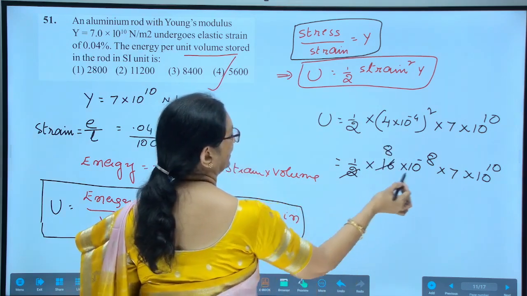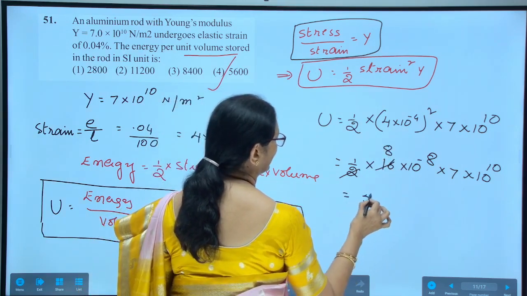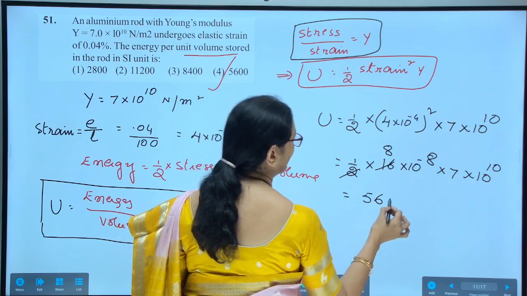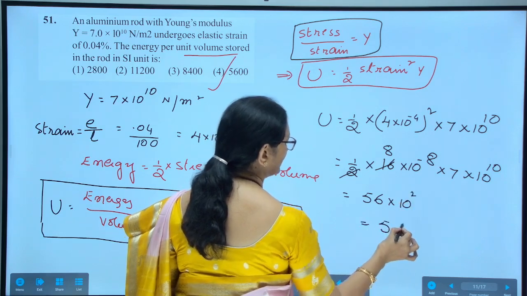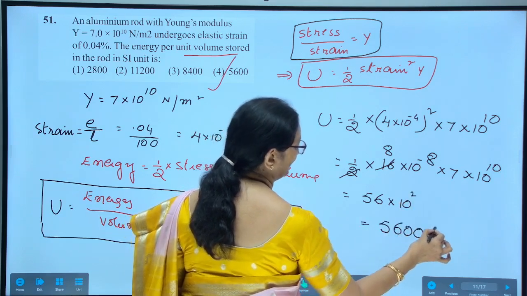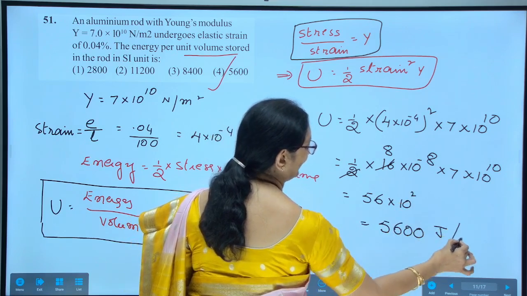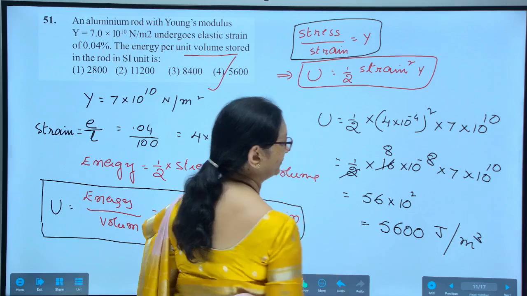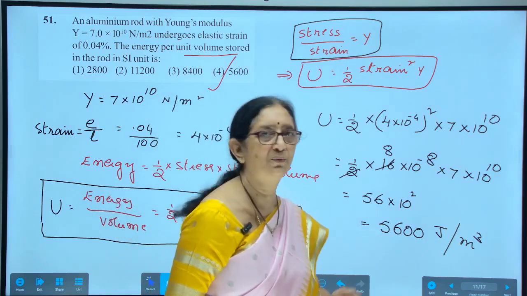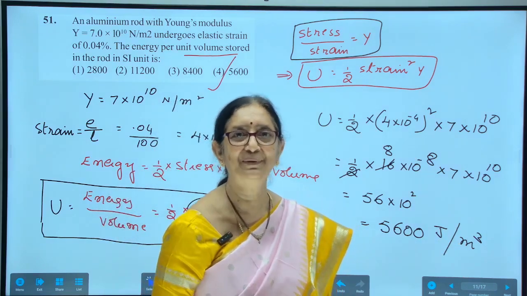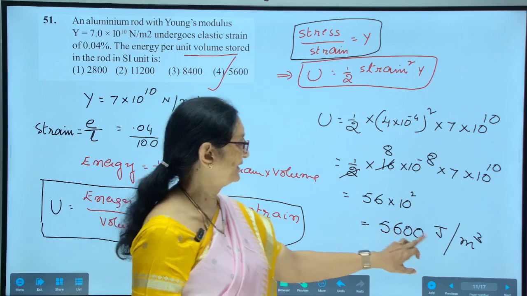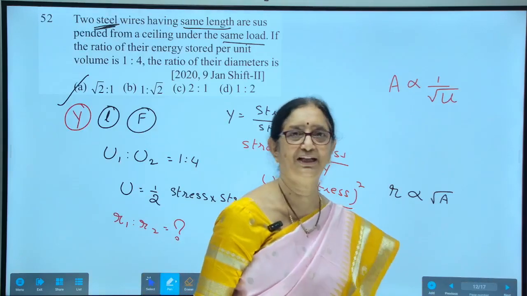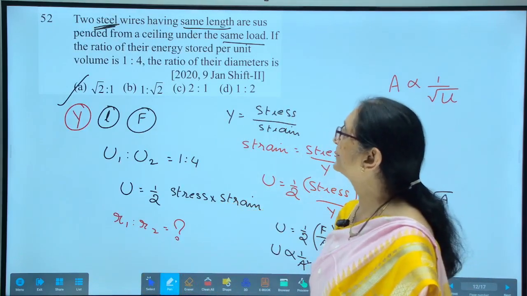Okay, so 7 8s are 56. 10 power minus 8 into 10 power 10 is 10 square, so this is 5600. Energy density, joule per meter cube. Energy per unit volume, joule per meter cube is the unit. So the correct choice is the fourth option, 5600 joule per meter cube. Okay, move on to the next problem.